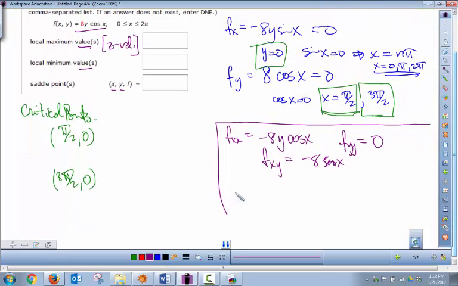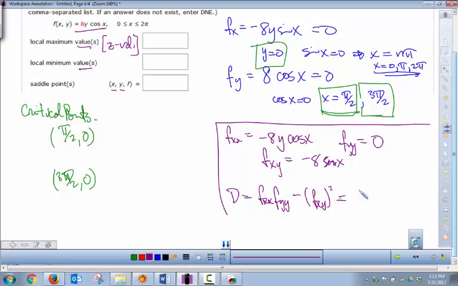So our discriminant D is equal to fxx times fyy minus fxy squared. That's going to be 0 minus 8 sine x squared, which is negative 64 sine squared x.